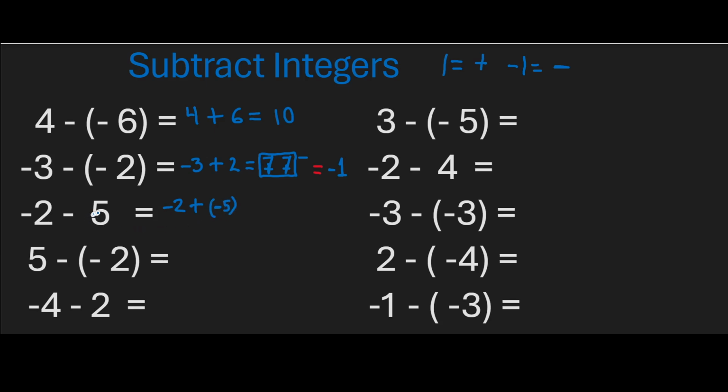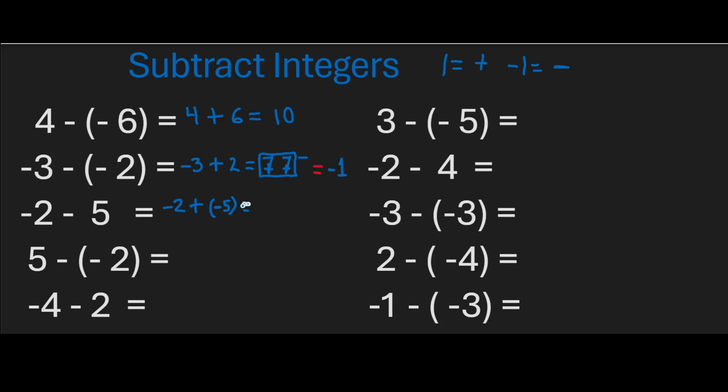Now, remember, if this number 5 is going to be negative, you're going to see it inside the parentheses like this one. Because it's not inside the parentheses, that means that 5 is positive. That's why when I change the minus sign into the plus sign, I have to change the sign of the number that is next to it. That means that this number now is going to be negative 5.